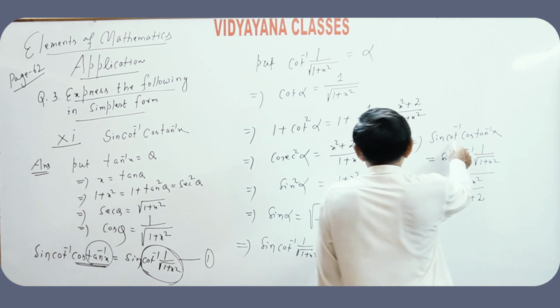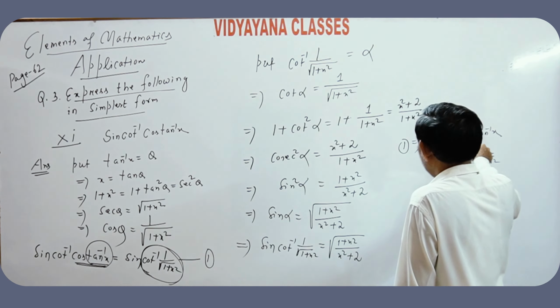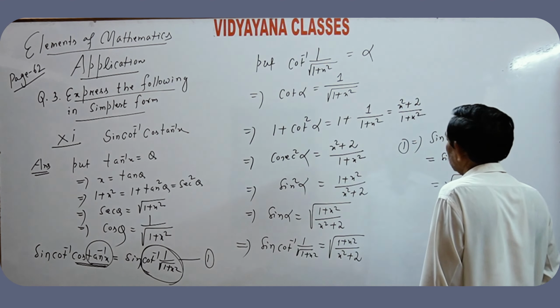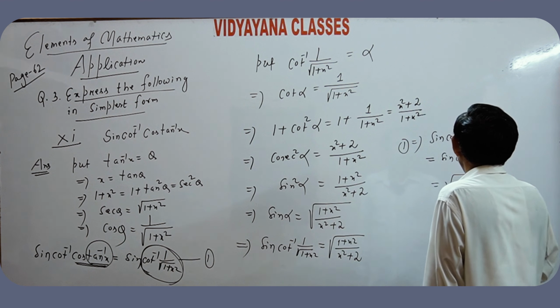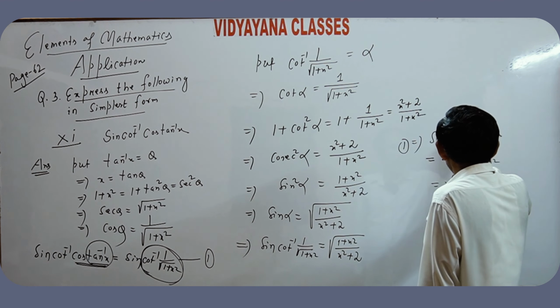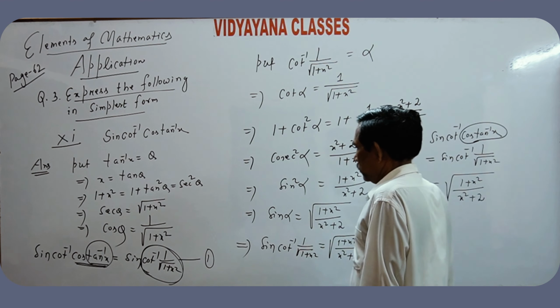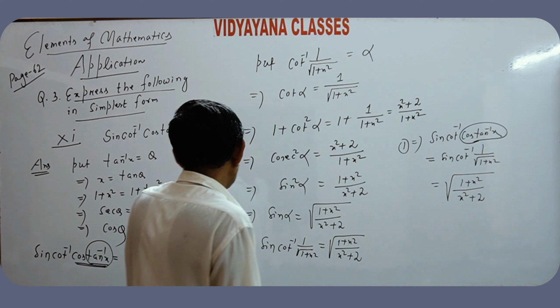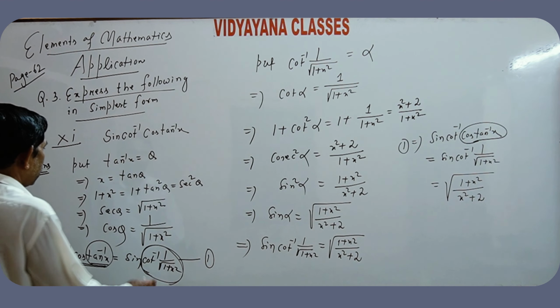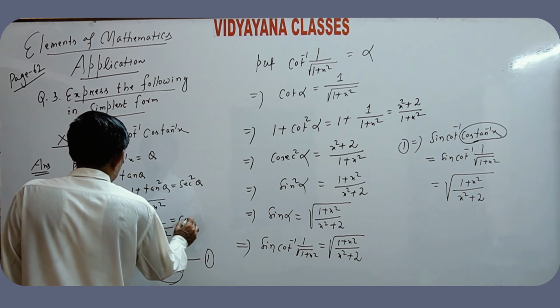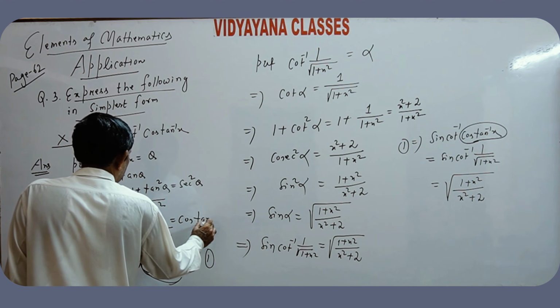Sin cot inverse cos tan inverse x is the same as sin cot inverse of this result, cos tan inverse x, that is equal to cos theta.